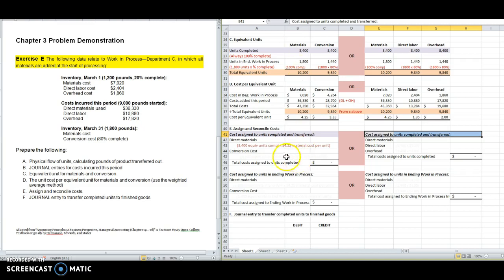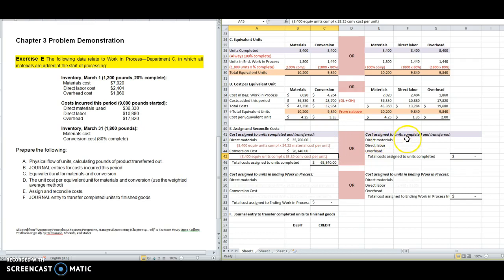So we want to focus on those items, what was completed. So we're going to take the 8,400 equivalent units and multiply that by the cost per equivalent unit. We're going to do the same thing for the conversion, but the conversion cost is $3.35 per unit. So we're going to take the 8,400 units from units completed and multiply it by 3.35.